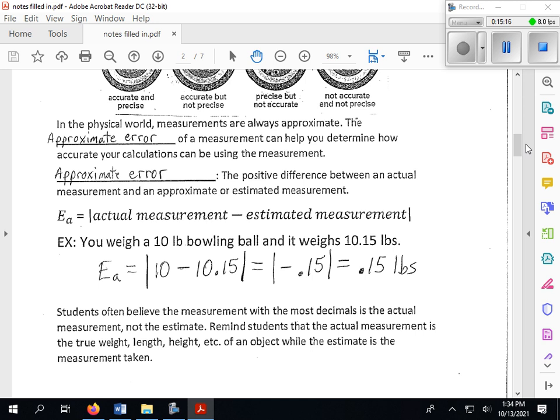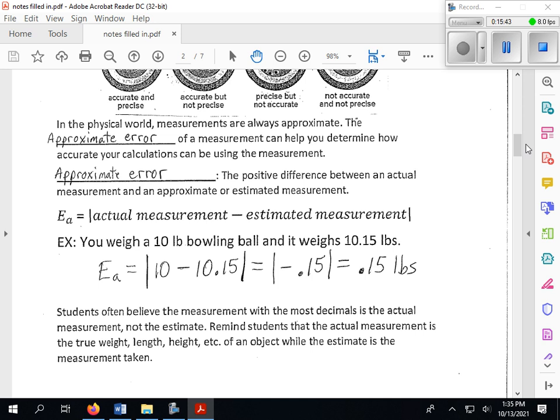Negative 0.15, right? And then you have to take the what? Absolute value. Right? Because when we're dealing with error, we don't care if we're too low or too high. We just know it's error. It's just not right. So that's why we take the absolute value. So the approximate error for this is 0.15 pounds.